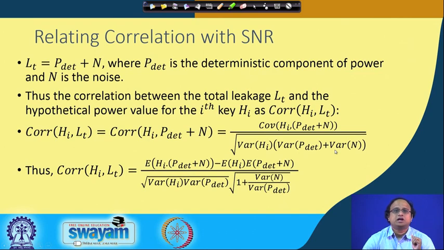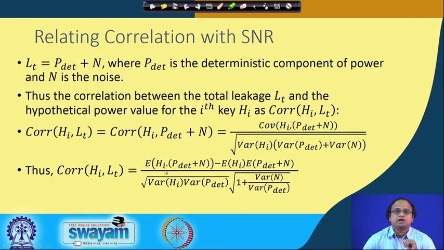Note that when I am writing this, I am making an assumption, because I am writing the variance of P deterministic plus noise as the variance of P deterministic plus the variance of noise. So I am assuming that the noise is independent of the deterministic component. I am not assuming that there is any covariance among them.